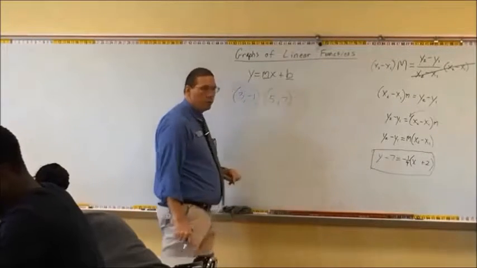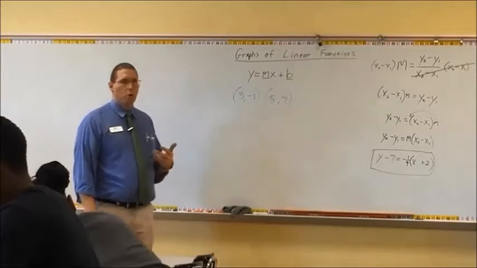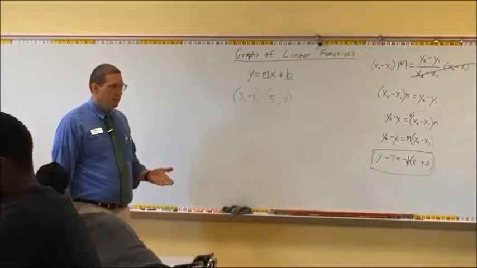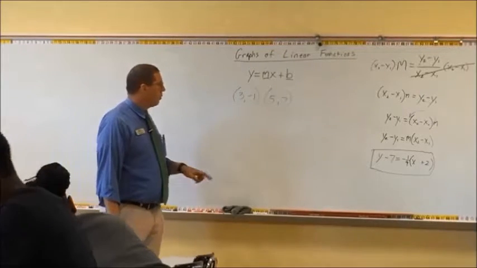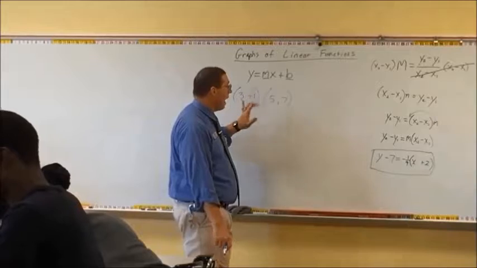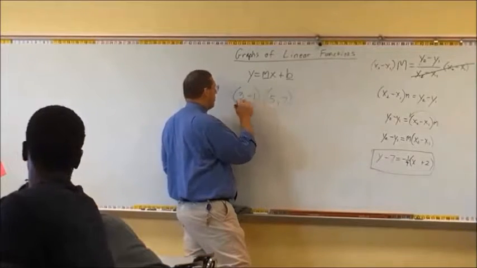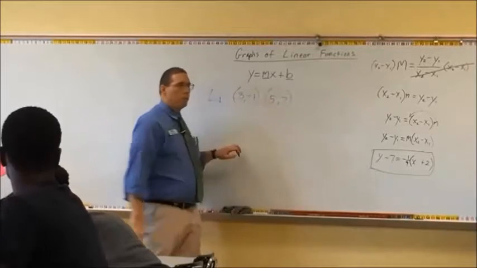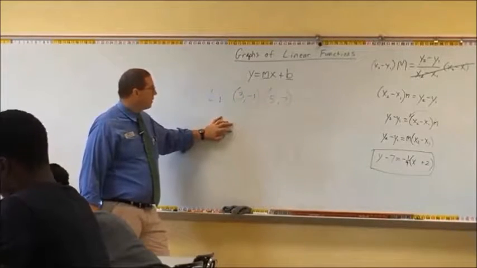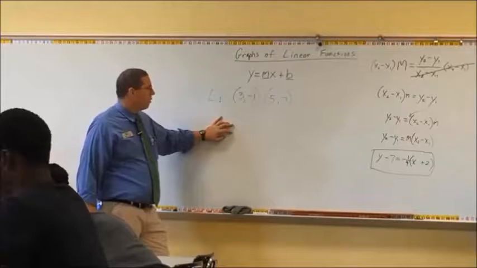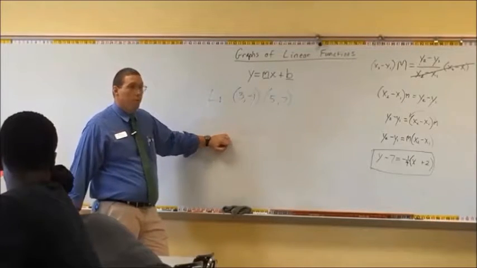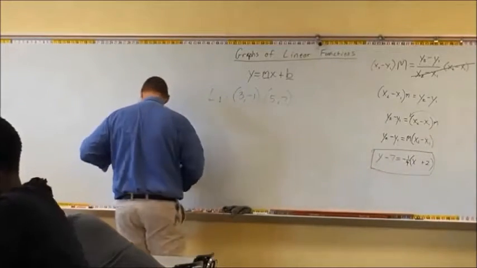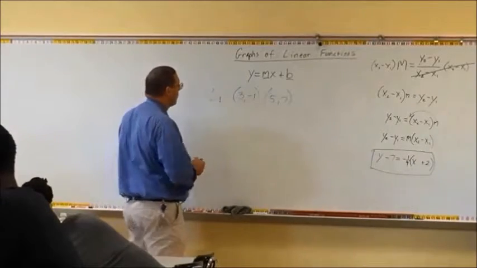On your own, quietly, and over about 3 minutes, I want you to identify a line that passes through these 2 points. We're going to say line 1 passes through these 2 points. And I want to know what the equation of the line is in point-slope form. Okay? Go.